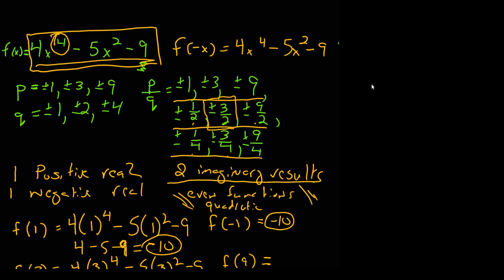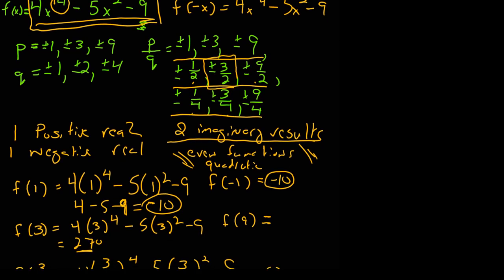Descartes' rule of signs says I'm only getting one positive real because there's only one sign change. If I put the negative in for x, there was only one sign change also, so I only have one negative real. Put together, that's two real numbers. But I need four answers, which means I have to have two imaginary results.